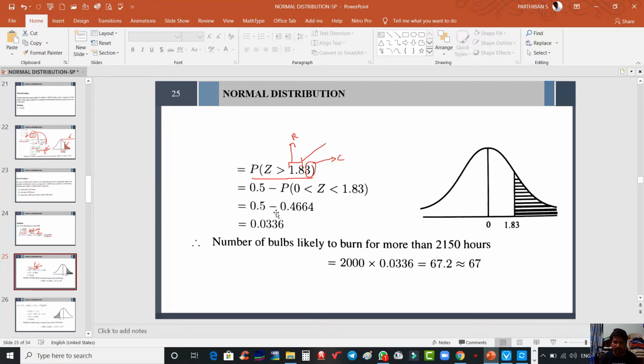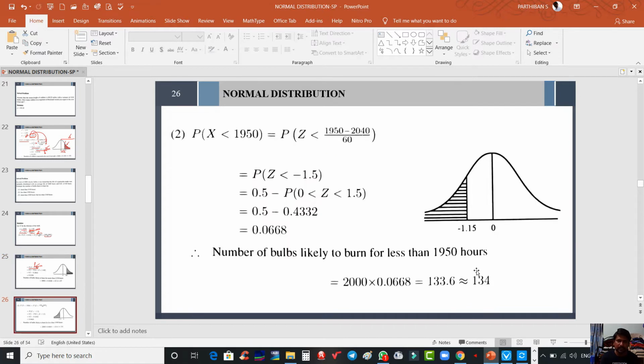Then 0.5 minus 0.4664 is 0.0336. For the lot of 2000 bulbs, multiply this probability value with 2000. Therefore 67.2 approximately, that is 67 bulbs.